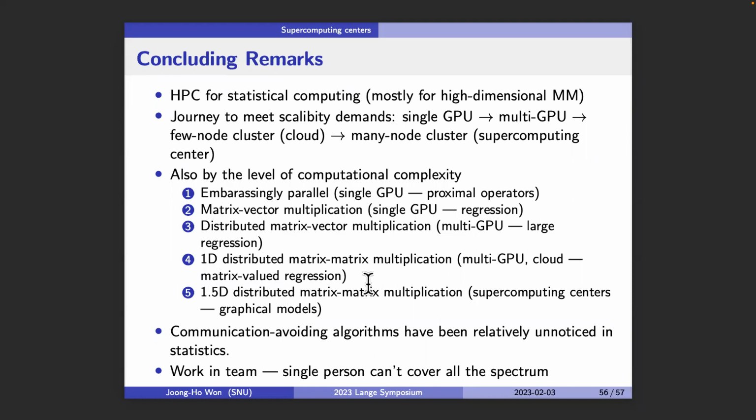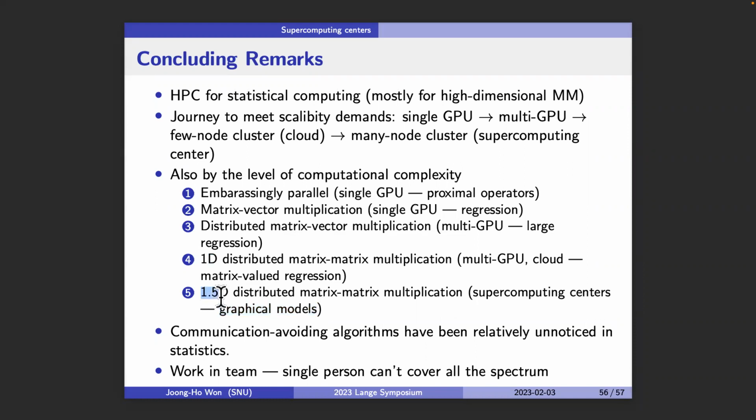Then for problems like non-negative matrix factorization that need heavy matrix multiplication, a 1D layout for distributed computing may be effective, like in DistMap. But in graphical models, that was not enough because communication becomes a real bottleneck.